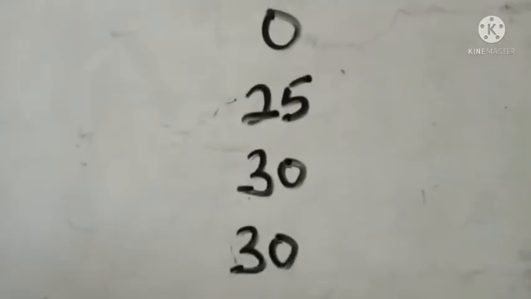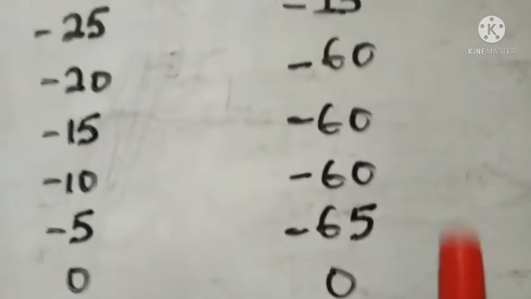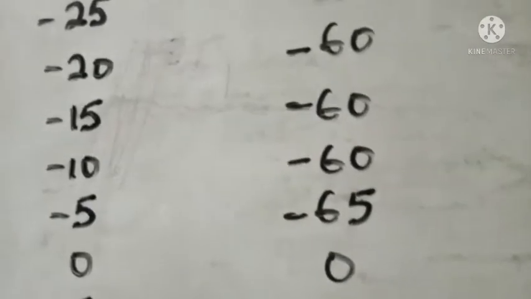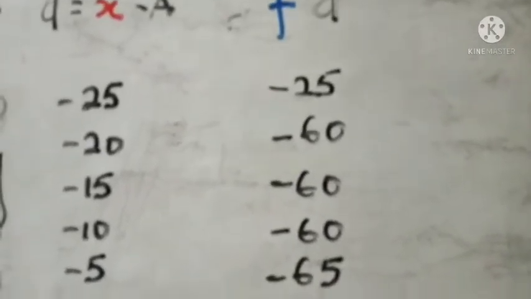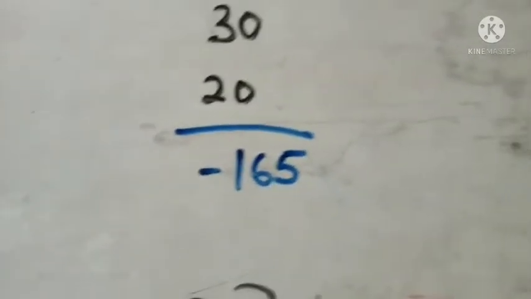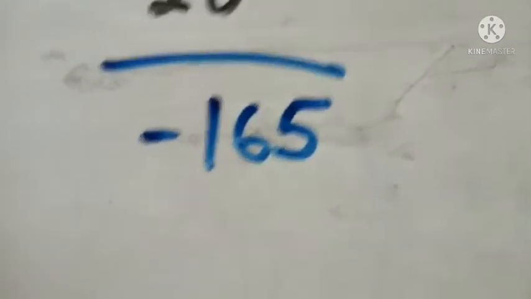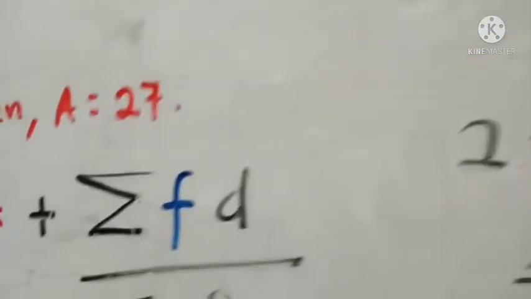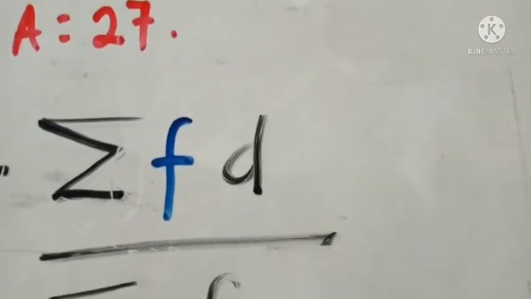These beautiful numbers. Okay, now we need the summation of that. The summation of that meaning that we should add everything here, right? So add everything step by step. Just take your time and add everything one by one, right? So when you add everything nicely, you arrive at minus 165, right? So our summation of FD will be equal to minus 165.